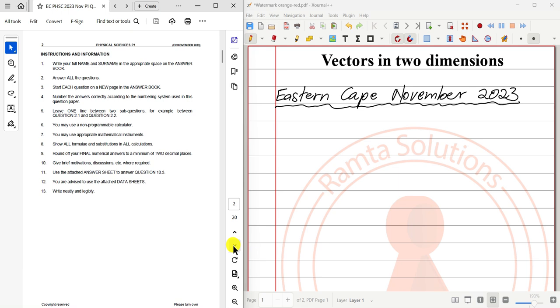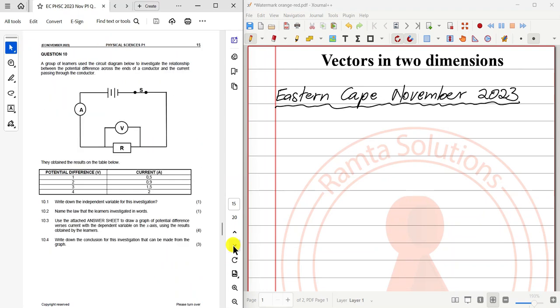And of course, I have ignored this for a while, but it's important that we look at it. Instruction number 12. You are advised to use the attached data sheets. Of course, this is where you get your equations and the constants, right? If you do not know your constants, quickly rush to the section. Let me show you, for example.